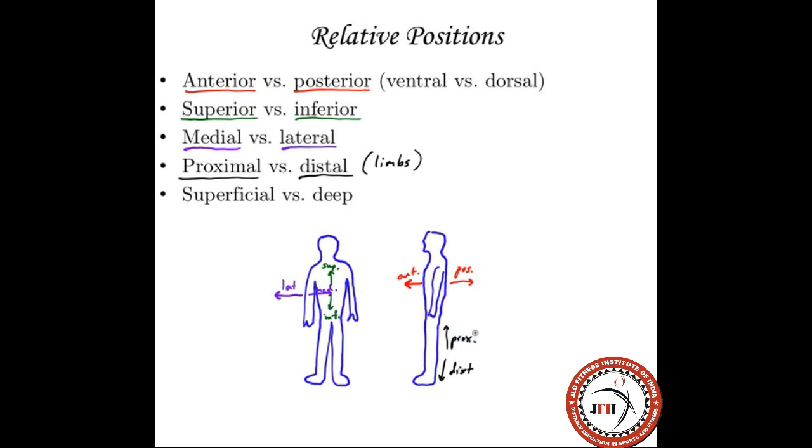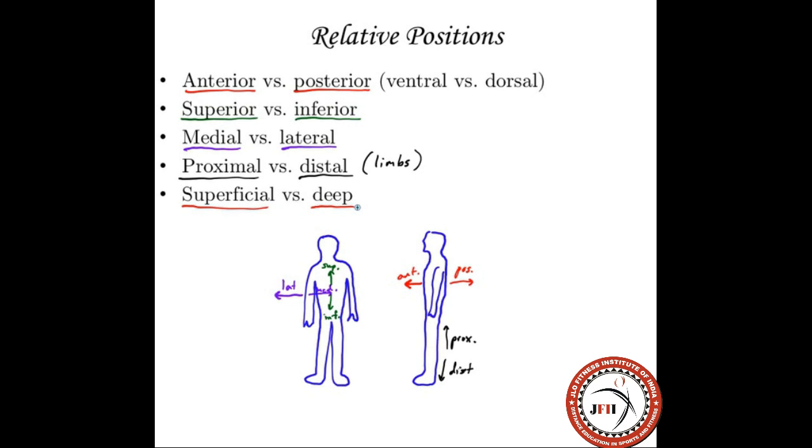Yep, with the arms and the legs. And finally, superficial and deep. I'll go back and use red again. So, superficial more towards the surface. The epidermis around the outside of your body is the most superficial structure.